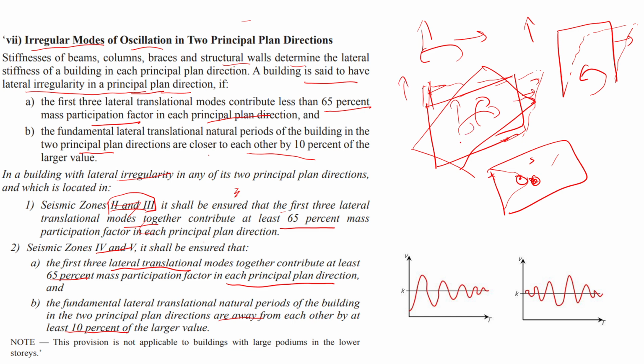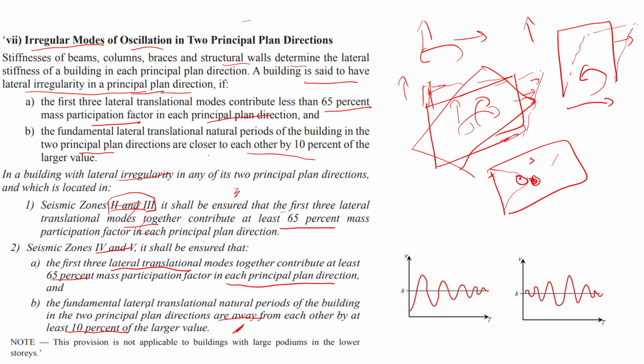So it is saying that the natural period is the time taken by a building to complete one cycle of lateral sway in a particular direction. So how much time it takes to finish that one cycle, without torsion. That is what this means. So we should be very careful. It shouldn't happen.